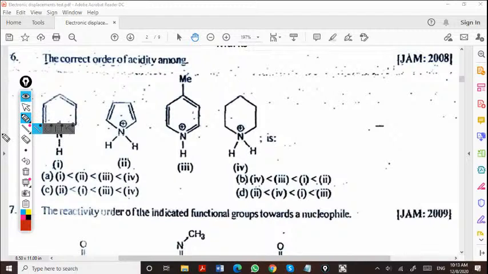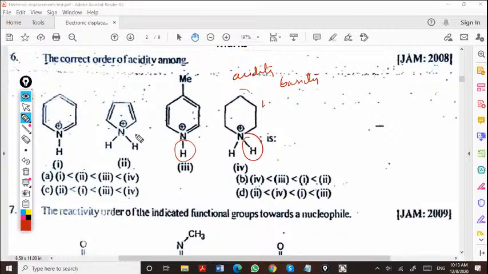So let's make a relationship between the acidity and basicity of these molecules. Let's say I'm going to find the basicity of all these molecules before they accept the H plus.